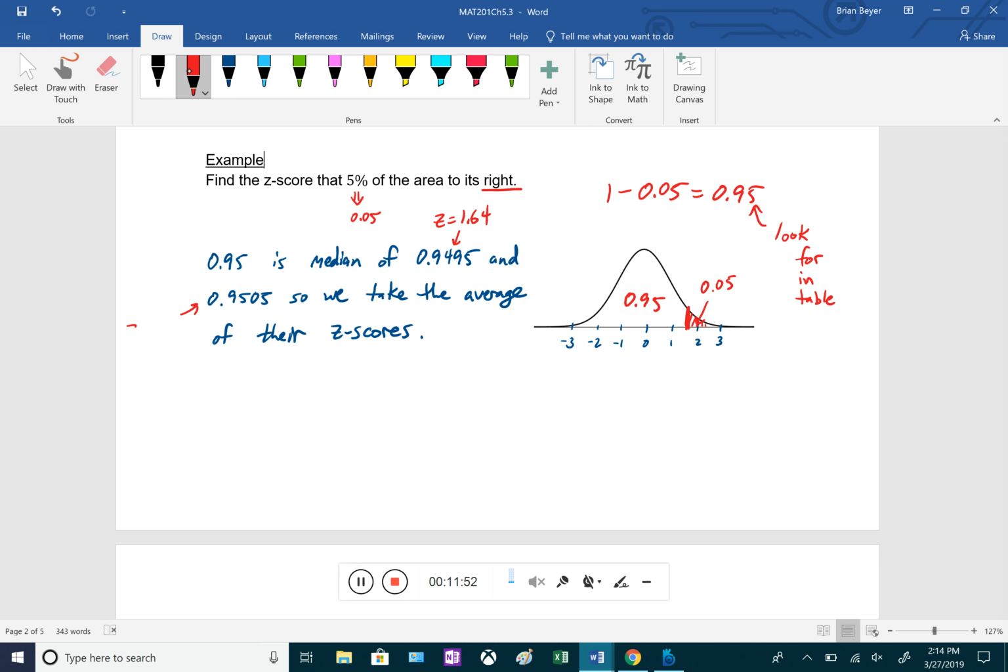The z-score for 0.9505 was 1.65. So the z-score for our value of 0.95 is the average of those, which is 1.645. So you add them up and divide by 2, and you get 1.645.